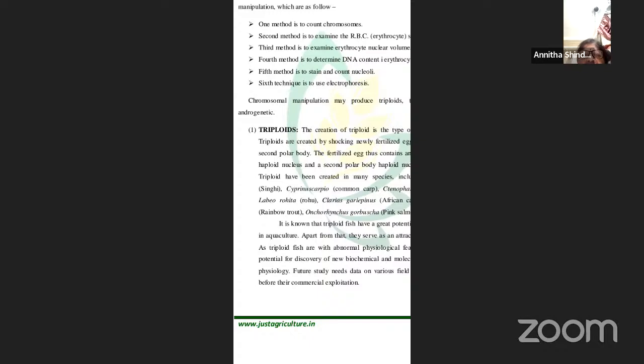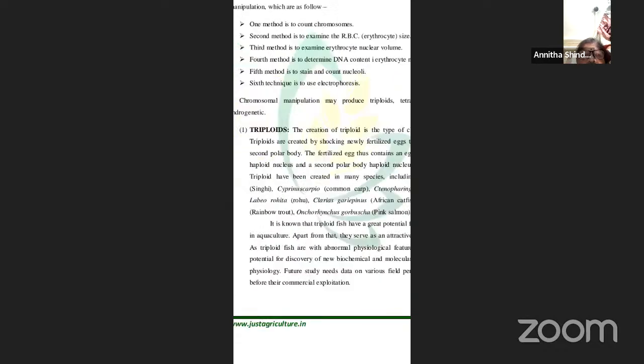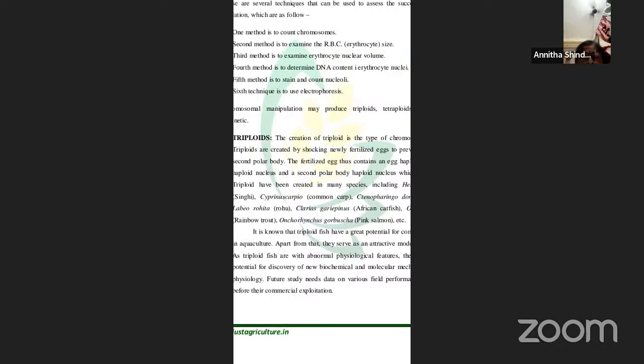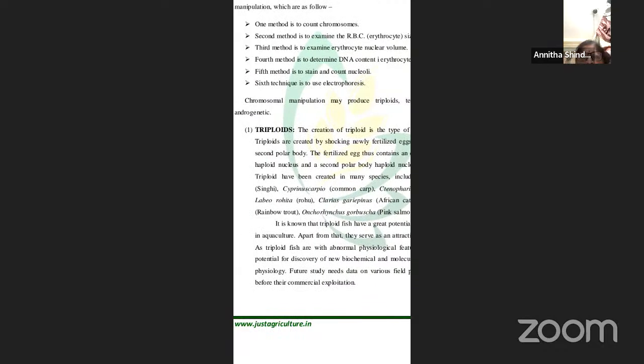They serve as an attractive model for basic research, and as the triploid fish have abnormal physiological features, they provide a unique potential for discovery of new biochemical as well as molecular mechanisms in basic physiology. So future study also needs to be done on these various aspects. So that is the significance of the triploid fishes.